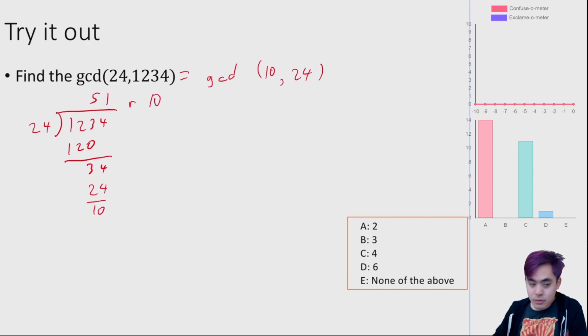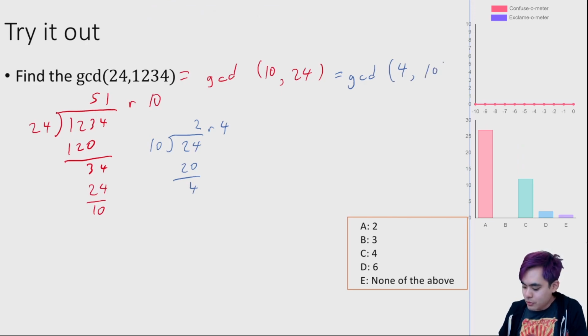And then once we've done that, you repeat your process. So 24 and 10. That's just 2, 20, remainder 4. So that's equal to the greatest common divisor of 4 and 10, which is then going to be equal to the greatest common divisor of 2 and 4, which is going to be equal to 2.